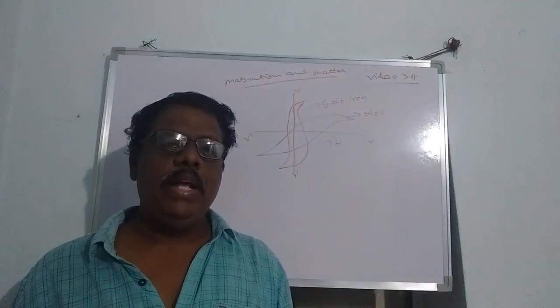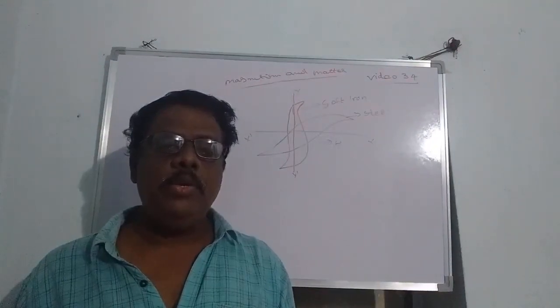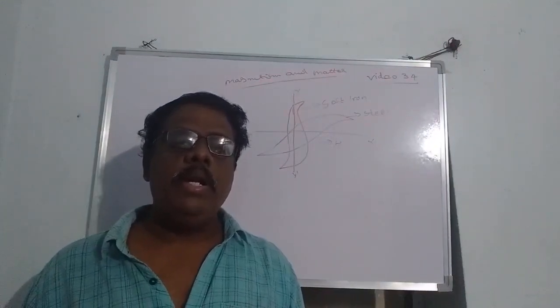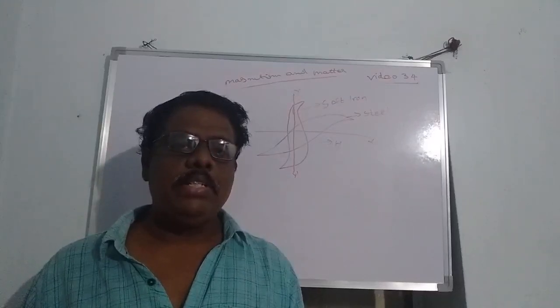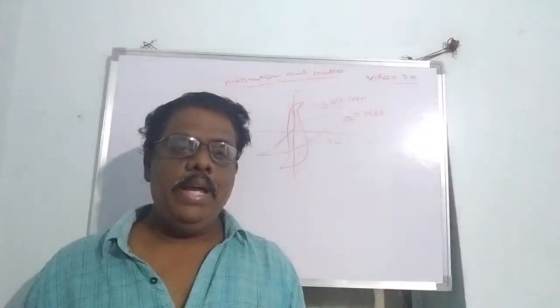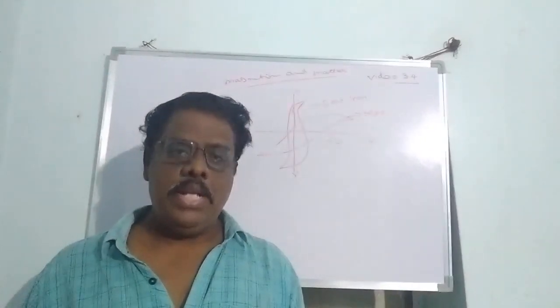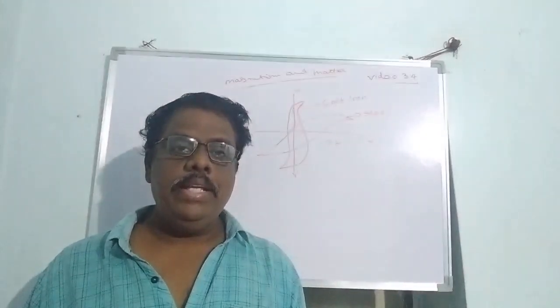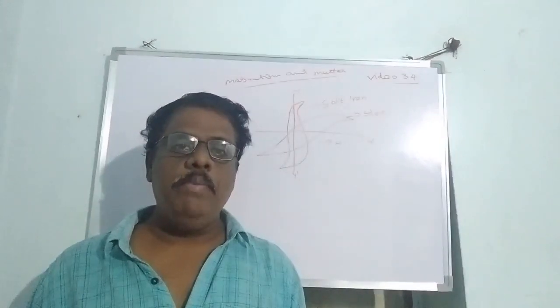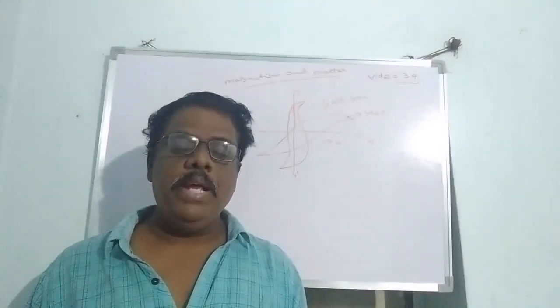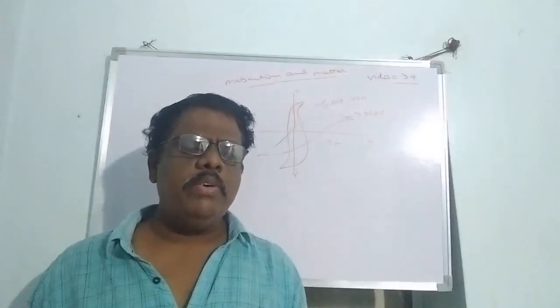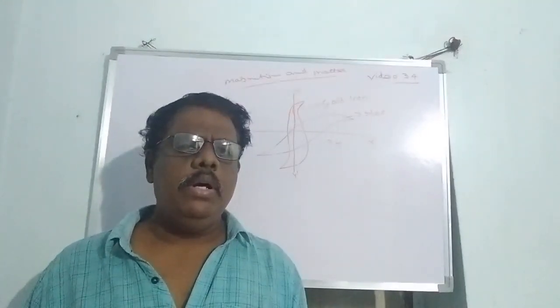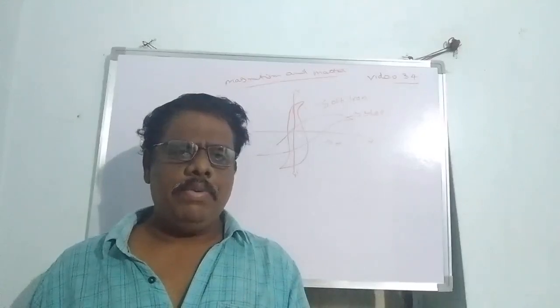So this is the hysteresis curve between soft iron and steel. Generally, soft iron is mainly used for making temporary magnets. That means the retentivity of soft iron is high, so compared with steel, it can be easily and strongly magnetized. But the coercivity of steel is much greater than that of soft iron.